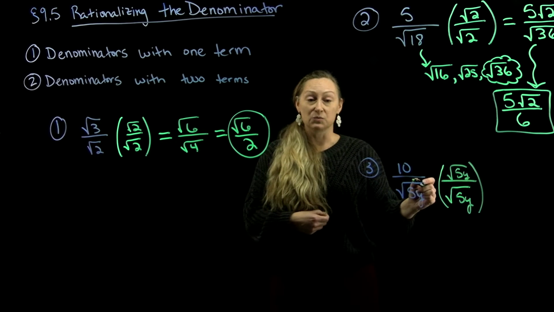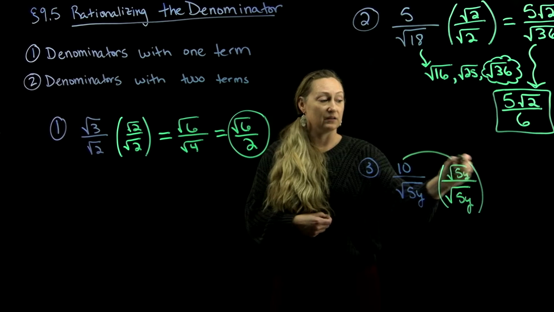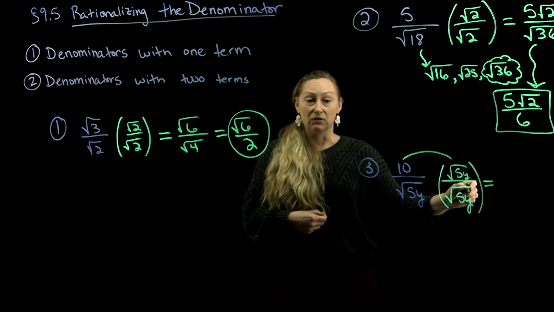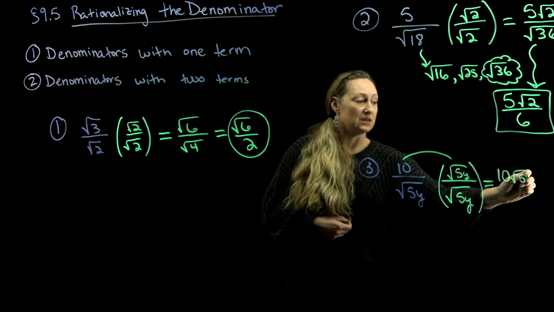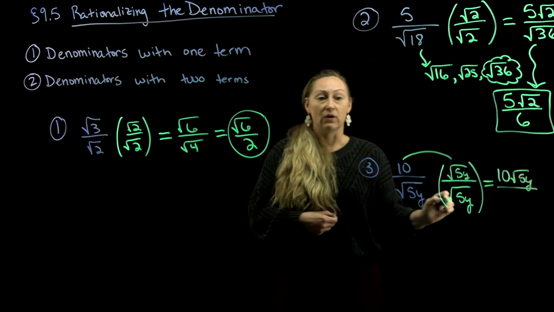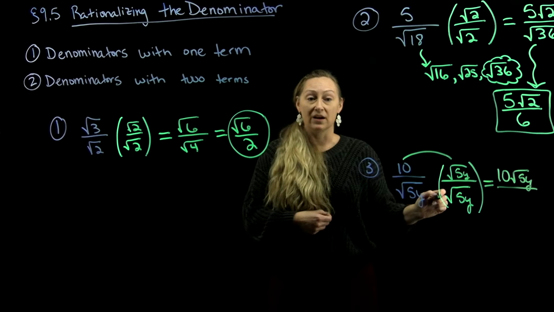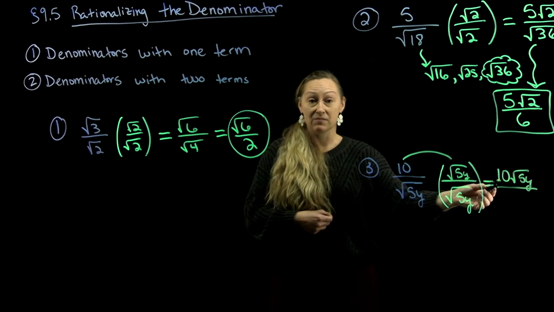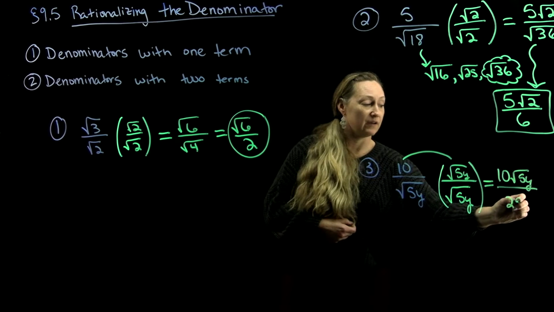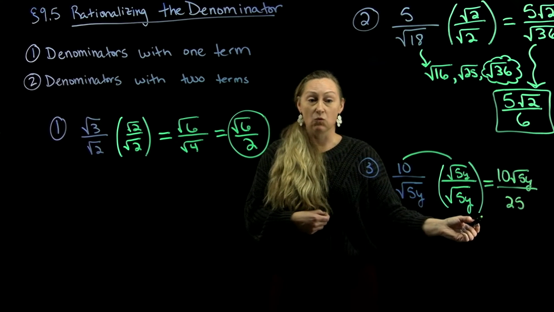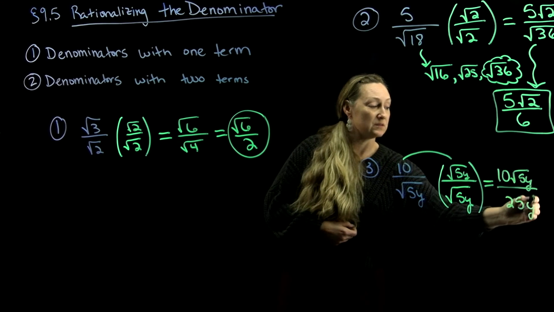So let's make sure we're multiplying these values together in the top correctly. Again, what's outside the radical stays outside, and what's inside the radical stays inside. So I have 10 times the square root of 5y in the top. And in the bottom, I have 5 times 5, which gives me 25, and y times y, which gives me y squared.